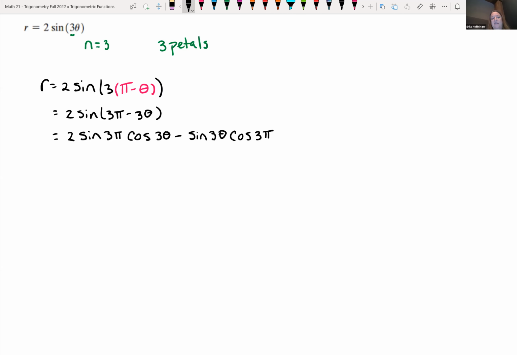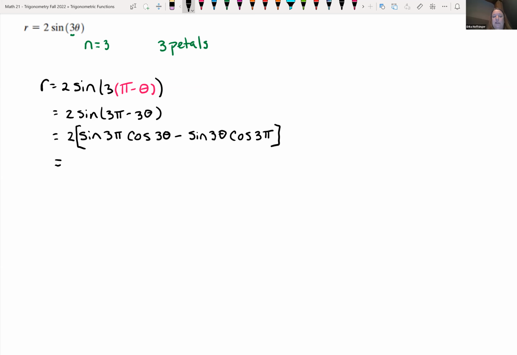So 3 pi, if I did that angle, that gets me to the negative y-axis. I know sine of 3 pi would give me 0. And we need the bracket in front of this whole thing. So that would give me 2 times 0 is 0. Sine of 3 theta, cosine of 3 pi, that's negative 1. That would bring my coefficient of negative 1 out front.